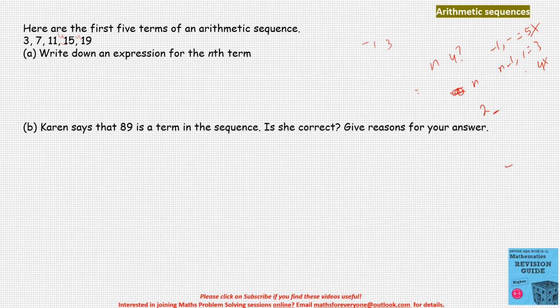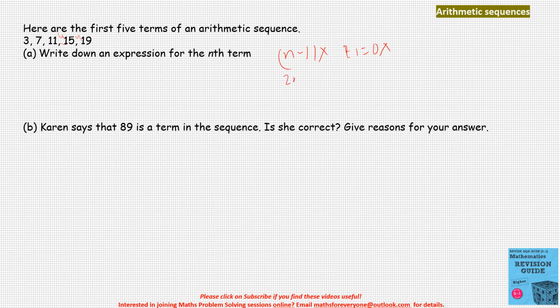Let's look at using a minus sign. If we have n minus 1, it's obviously not going to work. N minus 1 is not correct, because if n is 1, 1 minus 1 would mean the first term is 0, so T1 would be 0, which is wrong.